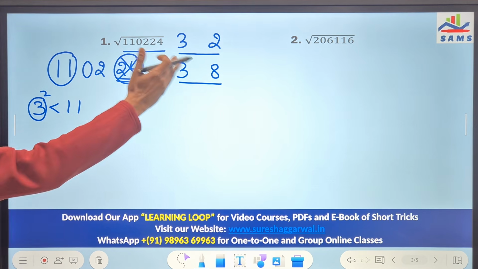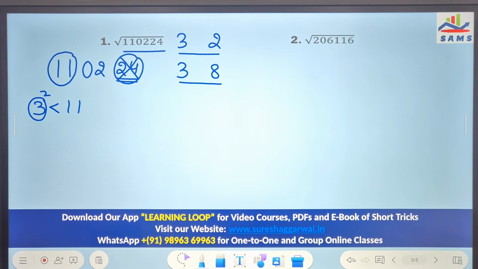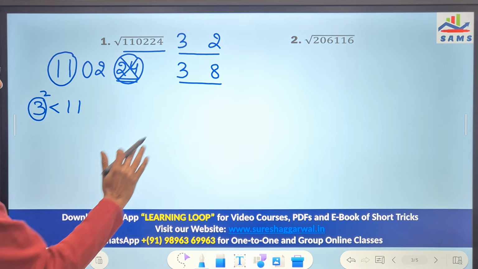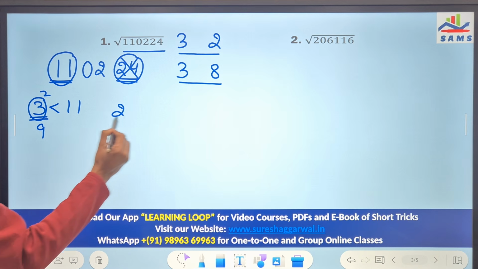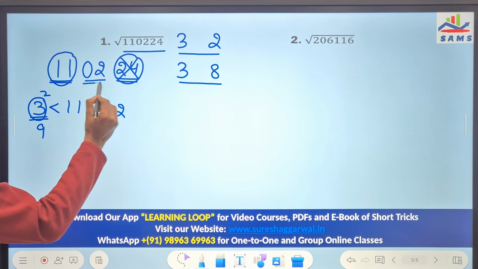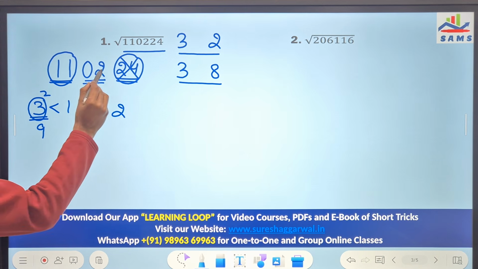Now what is the middle digit? That is one of the very important things which you have to understand now. See, here we had 11 and 3 square is just less than 11, and 3 square is 9, right? The difference between 11 and 9 is 2, and then use the middle pair, that is 02.